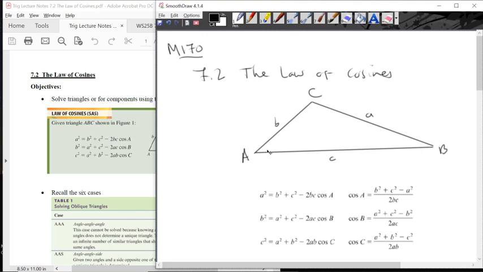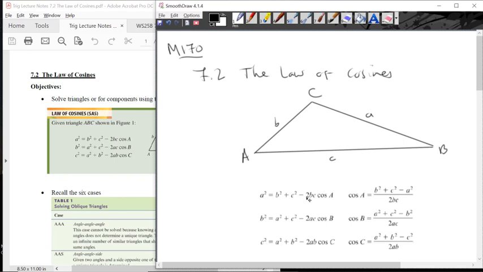So for instance, take a look at this triangle here. If it turned out that angle A was in fact a 90-degree angle, then this would have been a right triangle. And that right triangle would have had a hypotenuse of length A. The side length A over here would be the hypotenuse if angle A was 90 degrees.